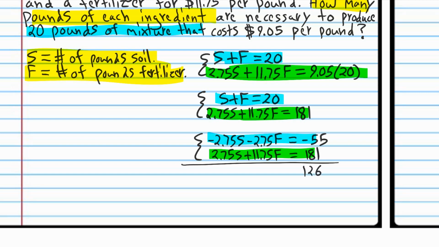And 11.75 minus 2.75 is 9. 126 divided by 9 is 14, so we're going to buy 14 pounds of the fertilizer.